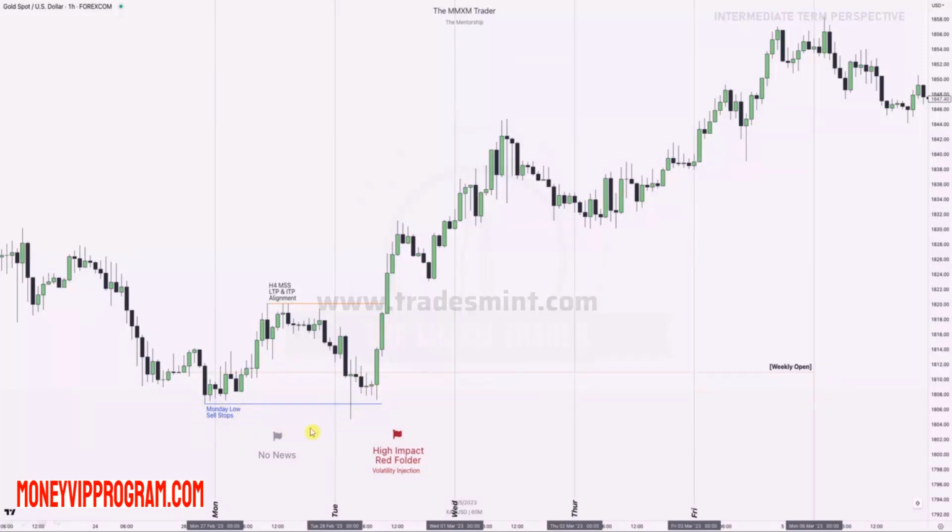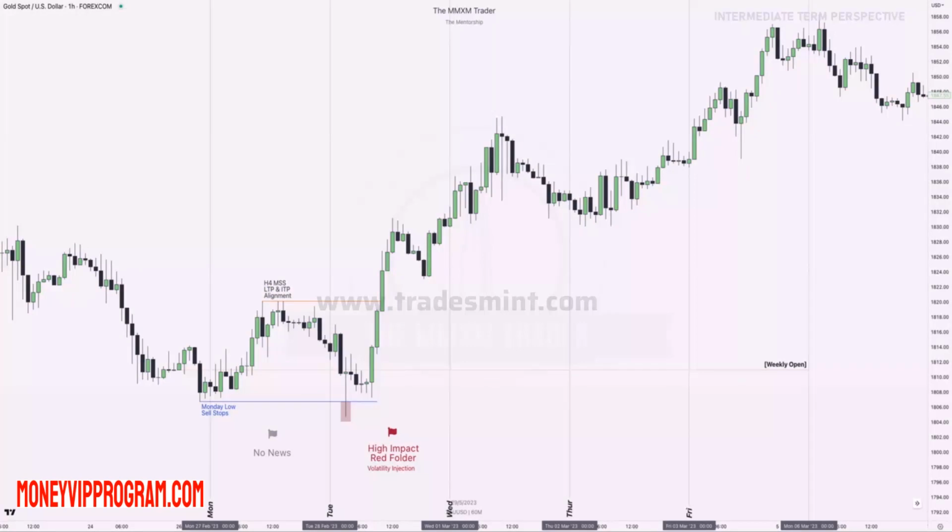Those sell stops have been liquidated and order pairing happened over here. So on Tuesday we move up, breaking structure, and then long-term and intermediate-term perspective is aligned, right? We've got that 4-hour structure shift, and then our weekly draw on liquidity is in line. So outlining that low that got raided, right, over here.